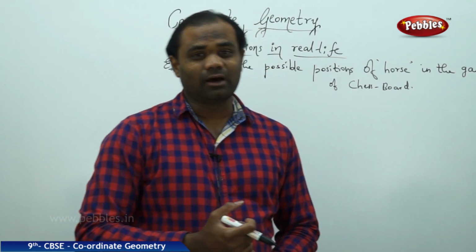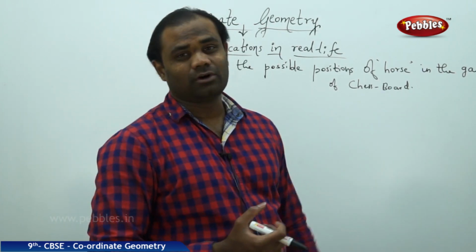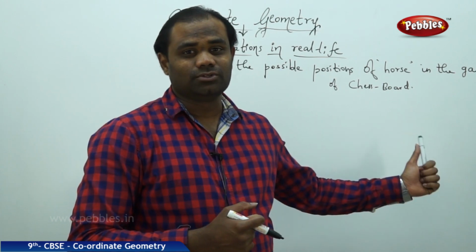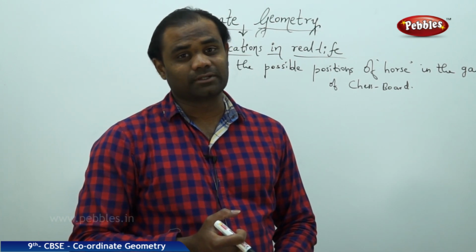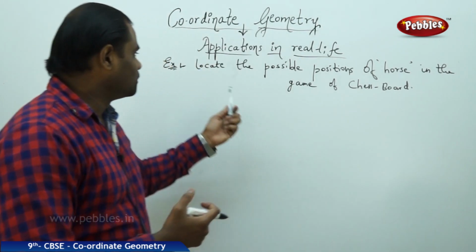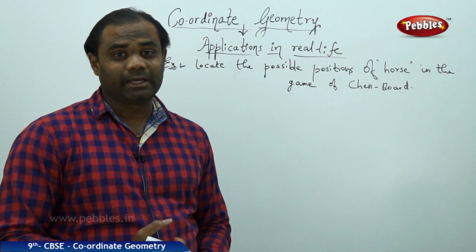So let's see how we can locate the various positions, assuming the horse is on the origin. So let's try to use this in real life connected with the Cartesian plane system. Let's see how we can locate through the graphical xy coordinate system.